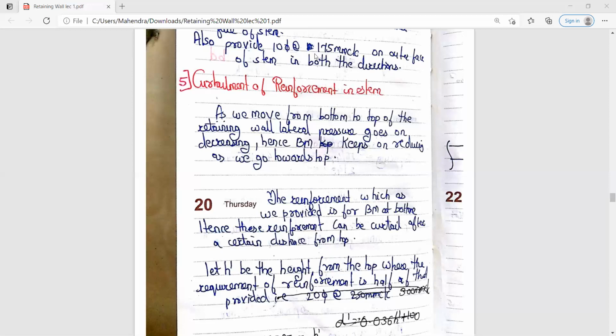And after completing, let me know so that we can do the further calculations.